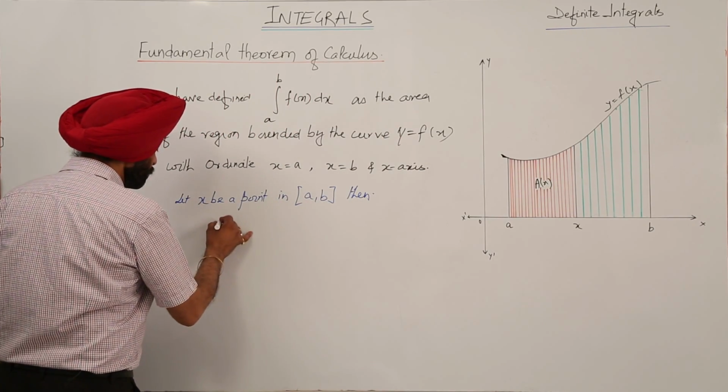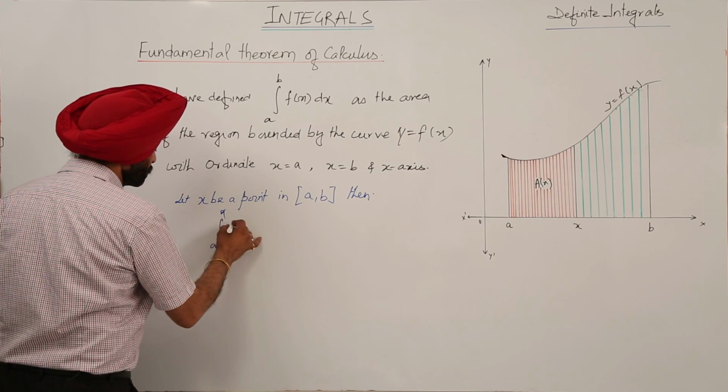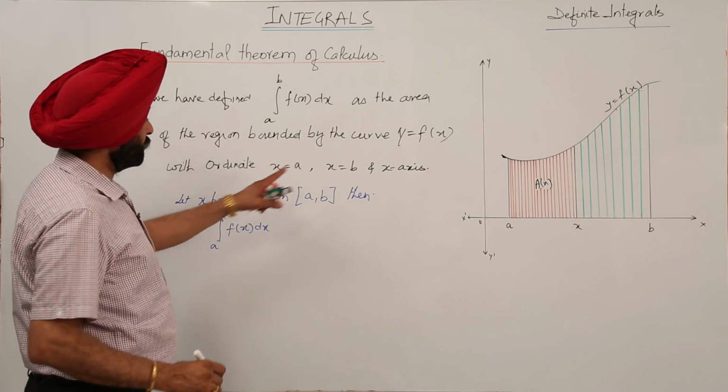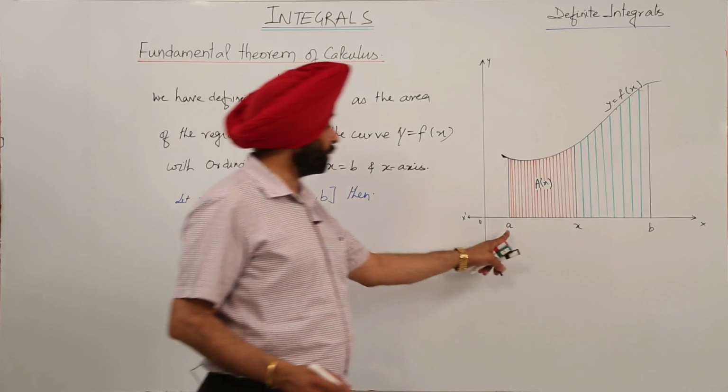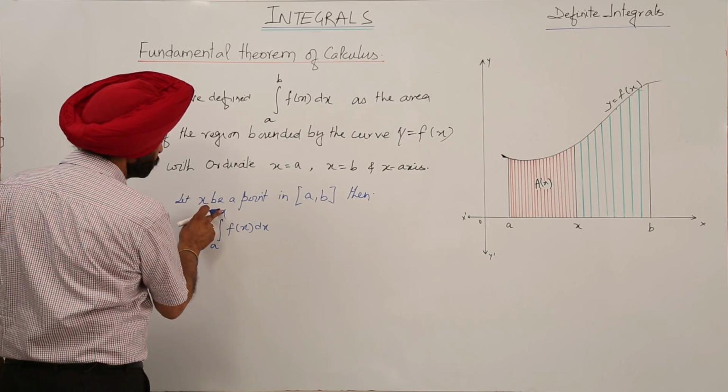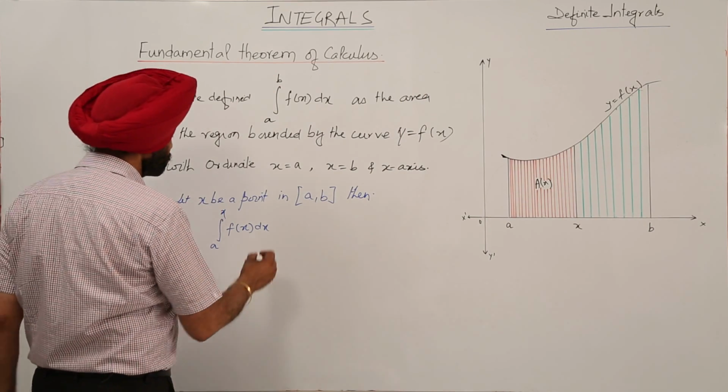Now if I write the integral from a to x of f(x) dx, earlier it was a to b, from here to here, now I have written from a to x.